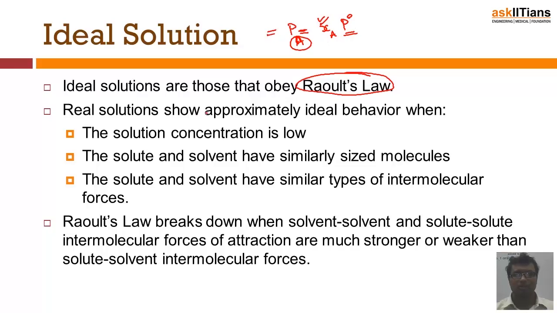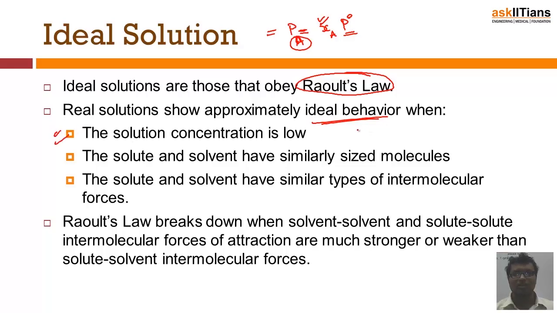Real solutions show approximately ideal behavior when... Now, the solutions which are not ideal are real, right? Just like ideal gas and non-ideal gas, where non-ideal gases are nothing but real gases, here also non-ideal solutions are the real solutions. Real solutions approximately show ideal behavior when the solution concentration is very low.